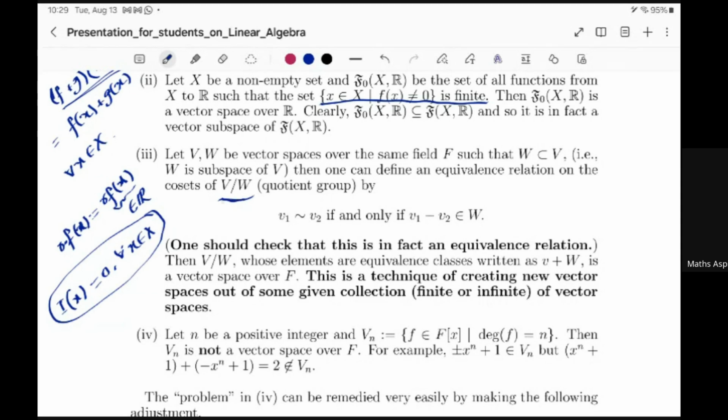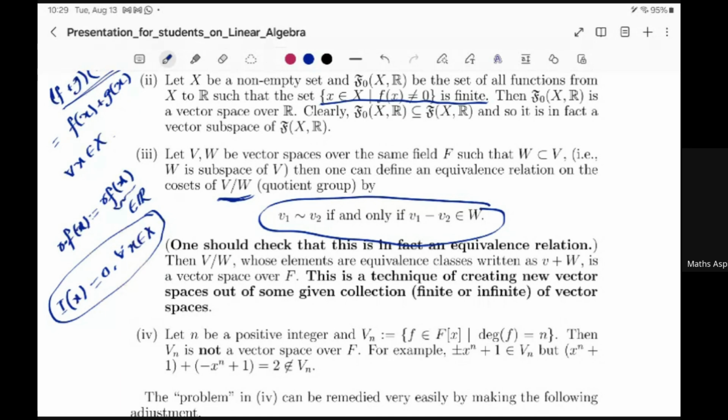Because this is a group, the set of cosets actually makes sense, and this is how we define cosets. This will be a group naturally, and it will also be a vector space with a similar idea. So you are making a new vector space out of two old ones, provided that one is a subspace of the other.